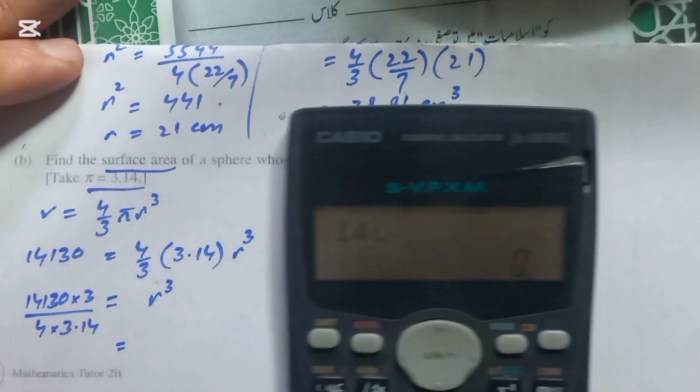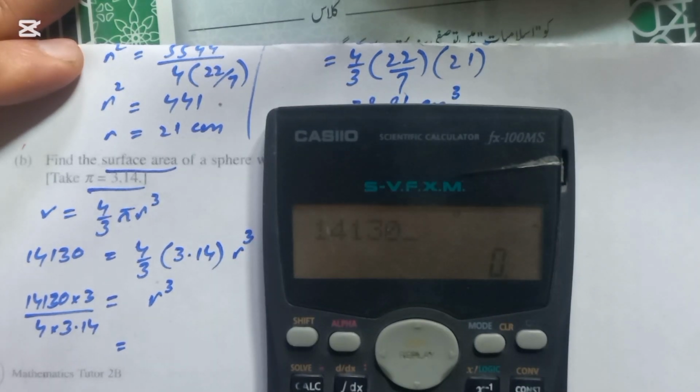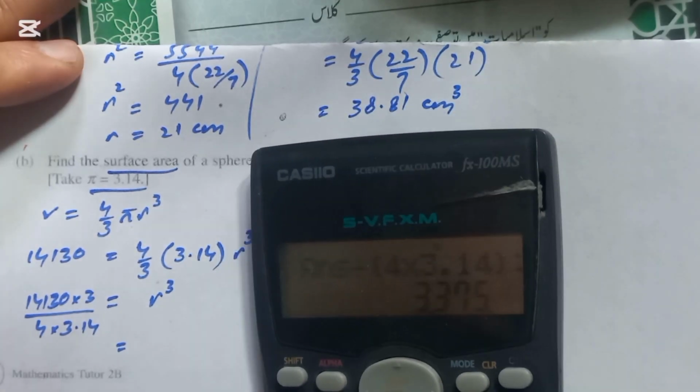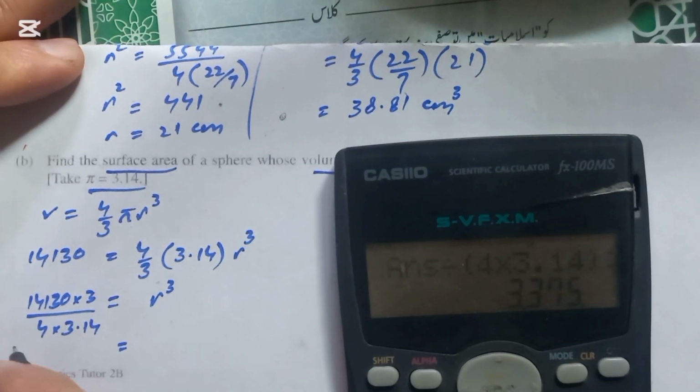14130 multiplied by 3 equal, divided by 4 multiplied by 3.14, bracket close, equal. So answer is 3375.